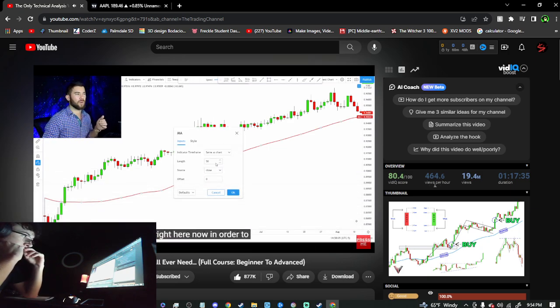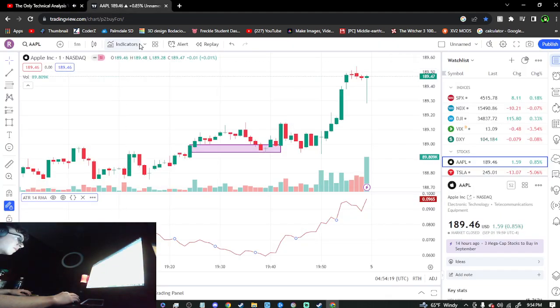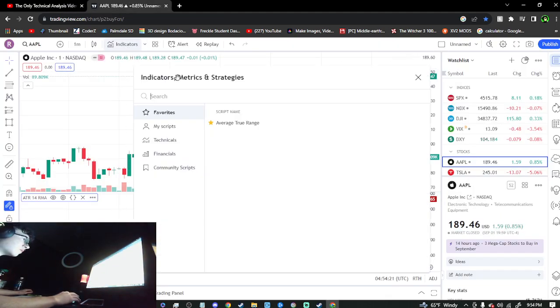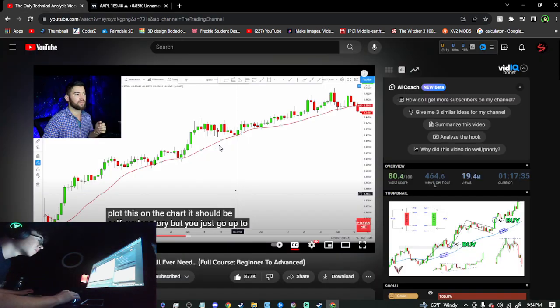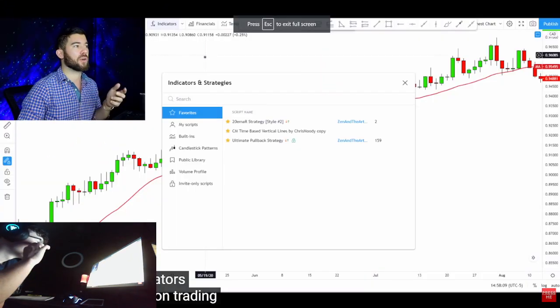Now, in order to plot this on the chart, it should be self-explanatory, but you just go up to indicators. Here on TradingView, it's very easy.